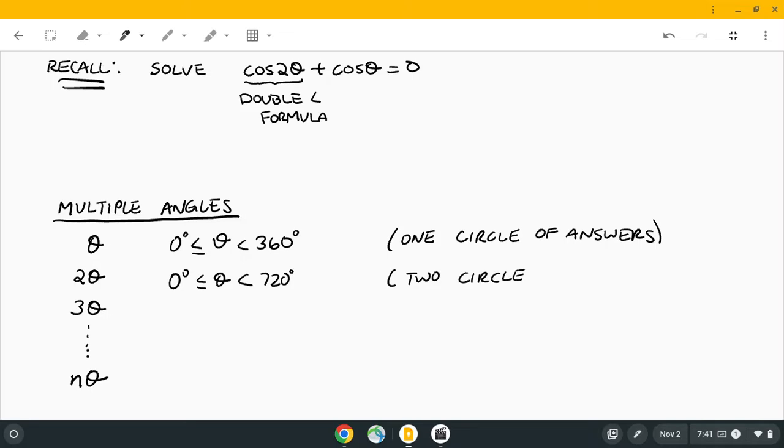So you find all the answers in the first circle from 0 to 360, and then you find the next set of answers from 360 to 720. And then this one would be a third circle, so this would add 360 to get 1080. So here, this is 3 circles worth. And we could just keep going with the same pattern.